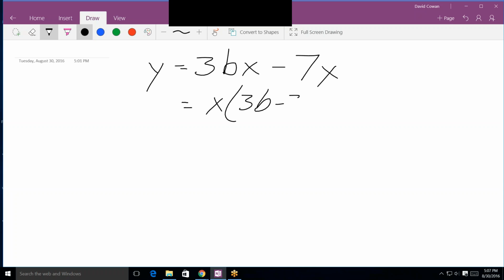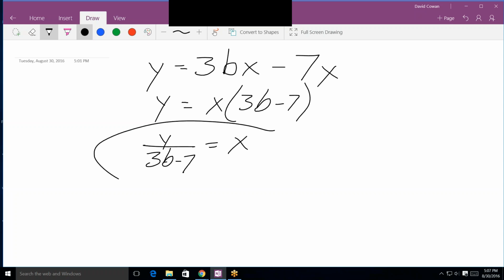So we've factored out an x. Then we divide by 3b minus 7, and it's going to be y divided by 3b minus 7 equals x. There's your answer.